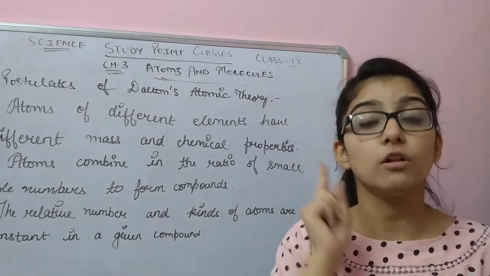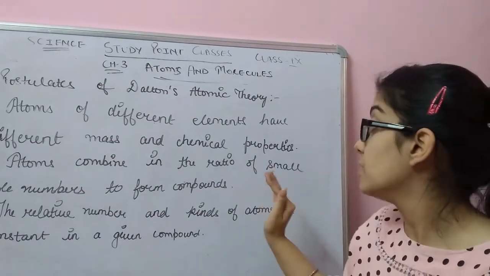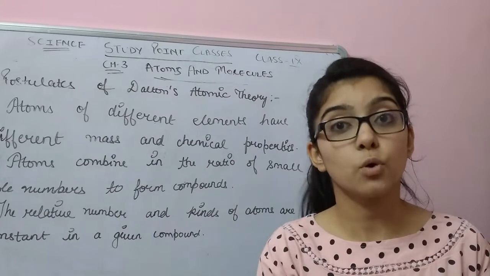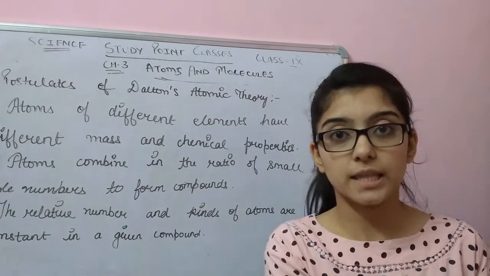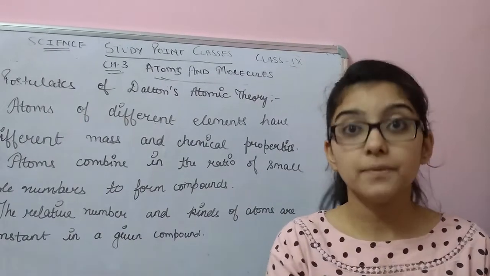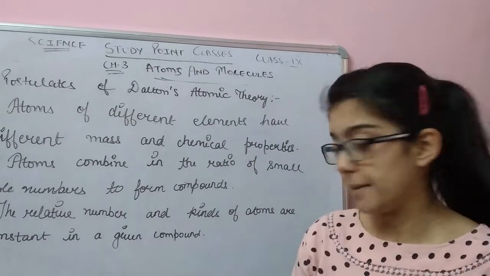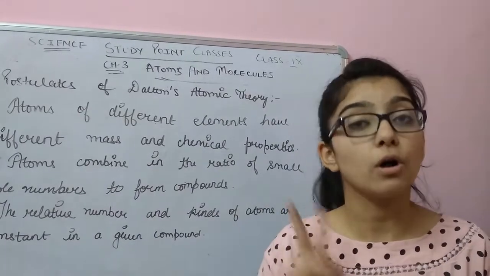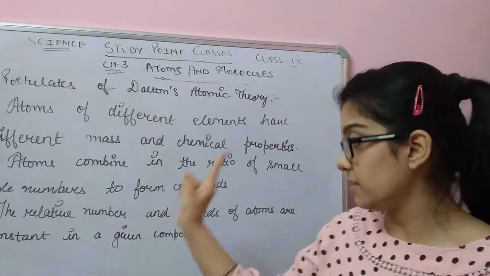So this number is always going to be same. And जो atom का type होगा, like 9 atoms of A type atom and 8 elements of B type atom. So this A and B will always be same to form that compound.